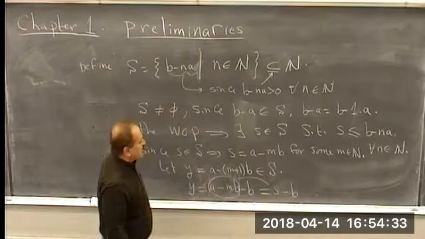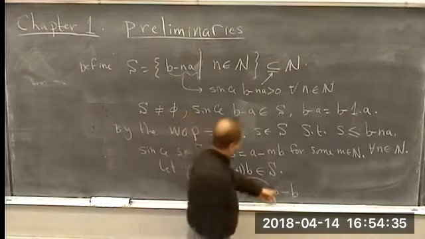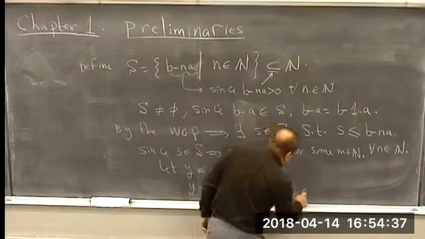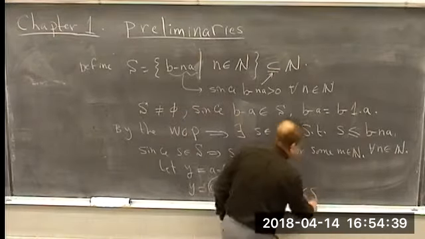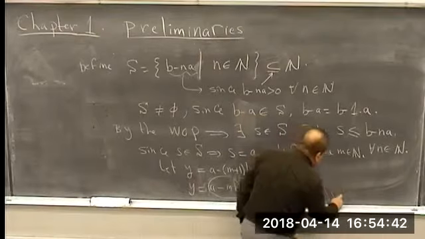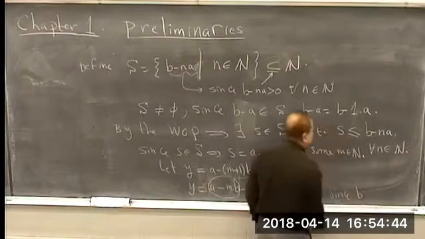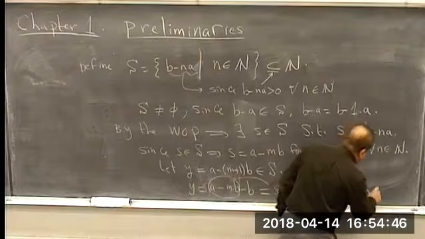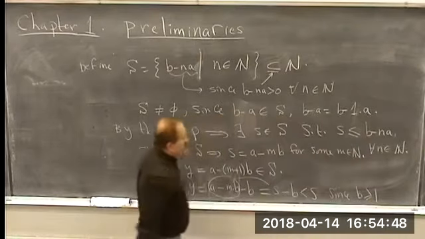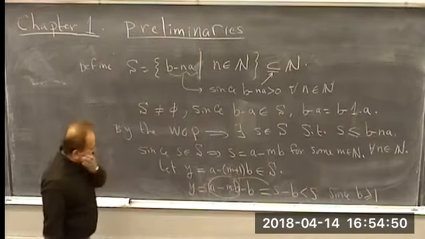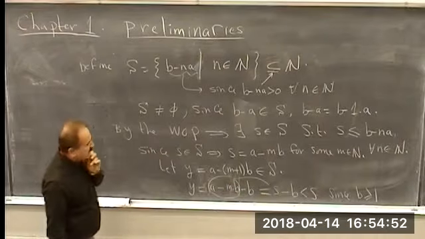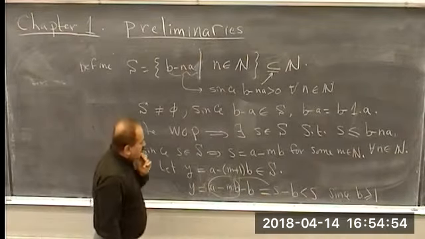Since b is a natural number, s minus b is actually less than s, since b is bigger than or equal to 1. So we are subtracting from s a number that is positive.